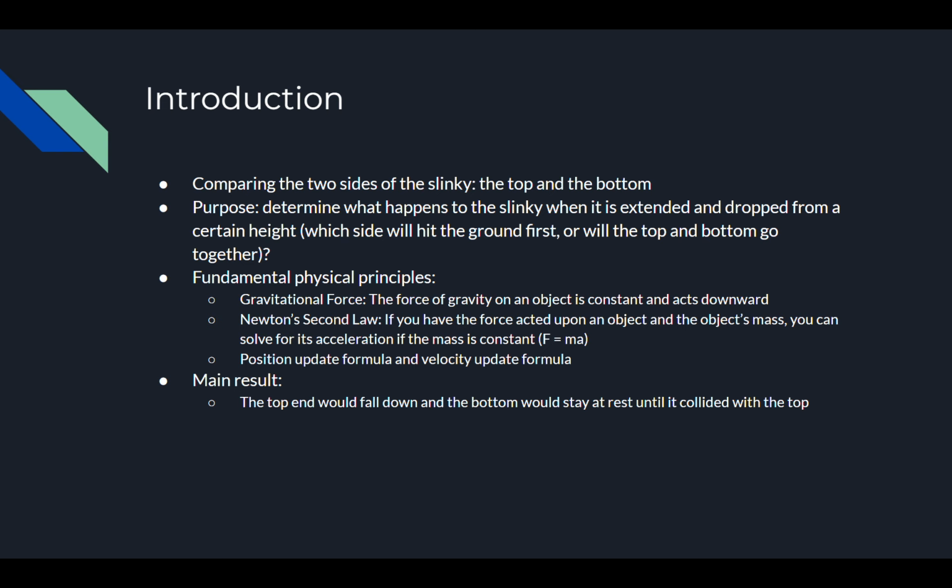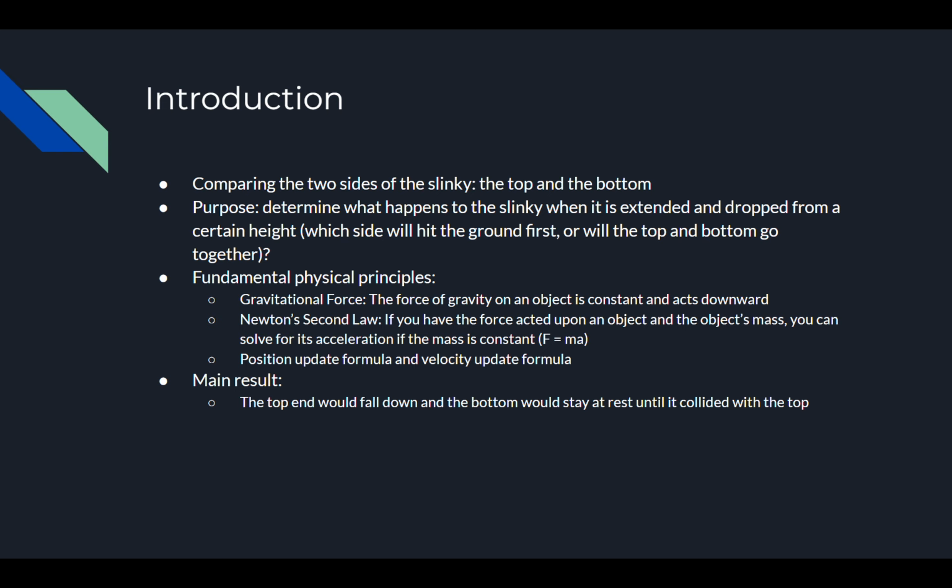And for the fundamental physics principles that I used: gravitational force, or the force of gravity acting downward on the object. Then there's Newton's second law that would be used to incorporate things like gravity. And then I used the position update formula as well as the velocity update formula to see the changes of the top and bottom end of the slinky as it fell.